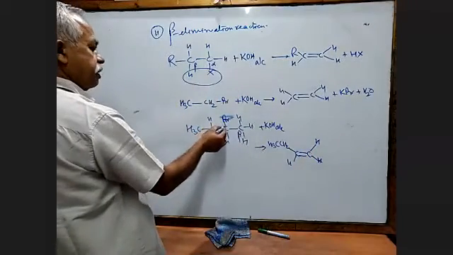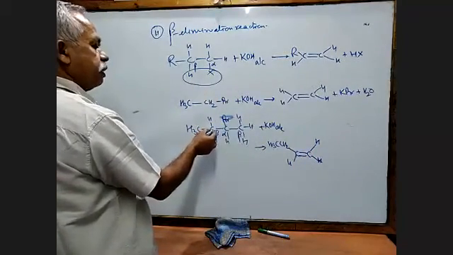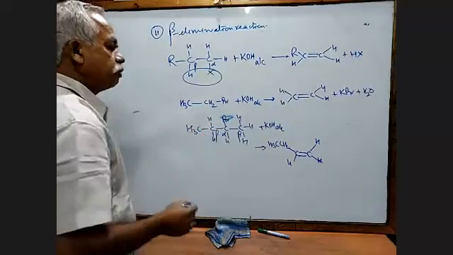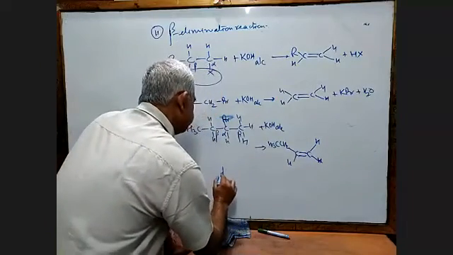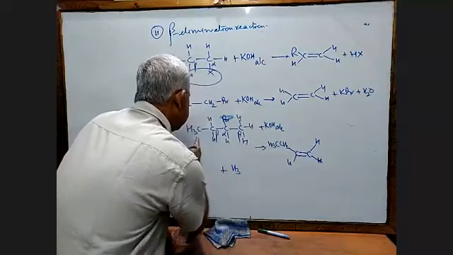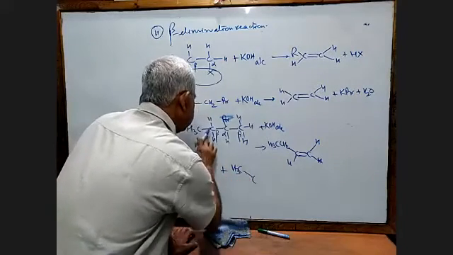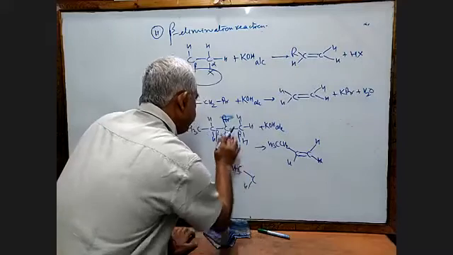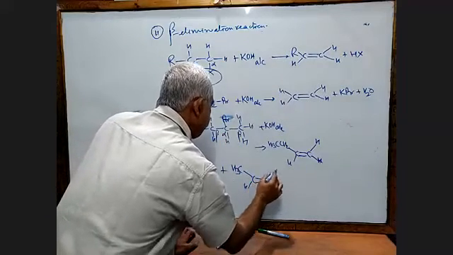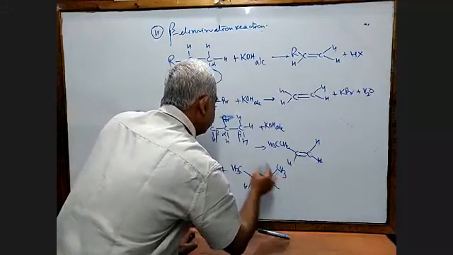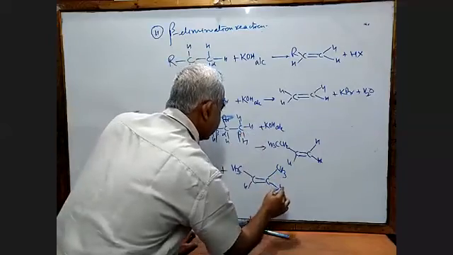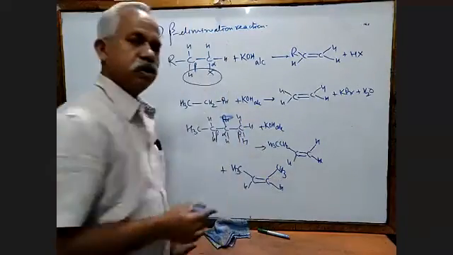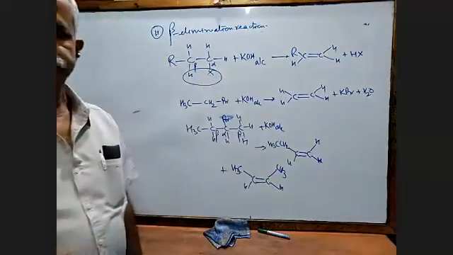And if the hydrogen goes from the third carbon, then what do I get? I get this is the CH3, this is this carbon, this is this carbon, this is CH3 and this is H. So you will get here two alkenes.